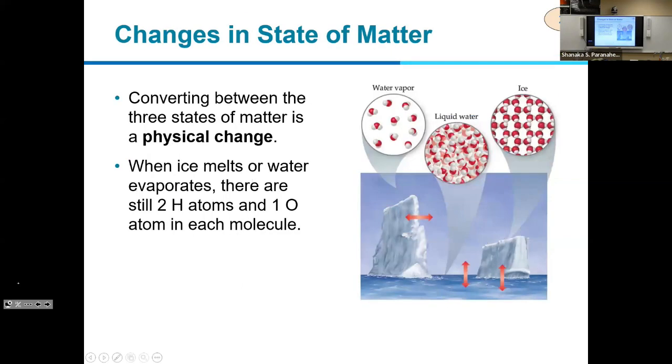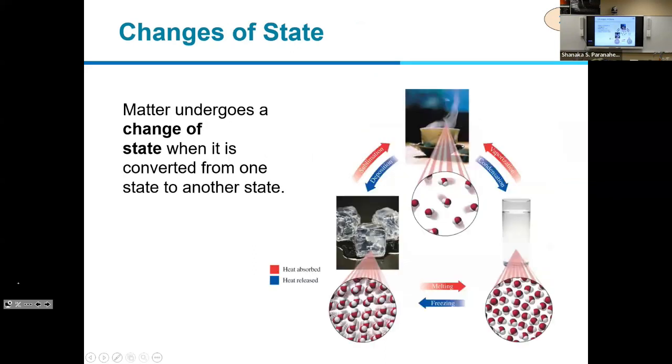As I mentioned earlier, matter can change between states depending on the temperature. Matter undergoes change of state when it's converted from one state to another, and there are different words for all of these changes. I'm not going to cover that part, it is not required. I'm sure you heard melting and freezing, that's solid to liquid or liquid to solid. When it goes from liquid to gas, it's called vaporization.